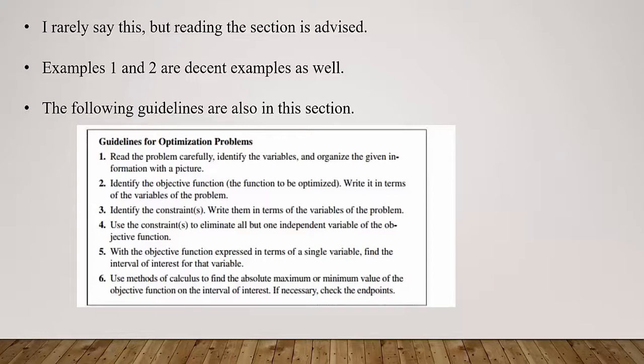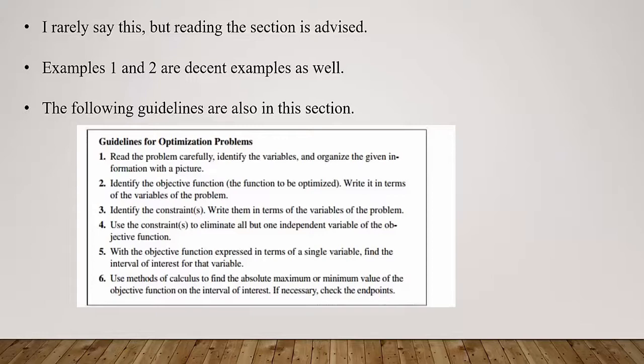Whereas if it's an open interval, then we're going to have to rely on the second derivative test. Remember when we saw the second derivative test, I mentioned its usefulness would come about in a later section called optimization. Well, here we are.